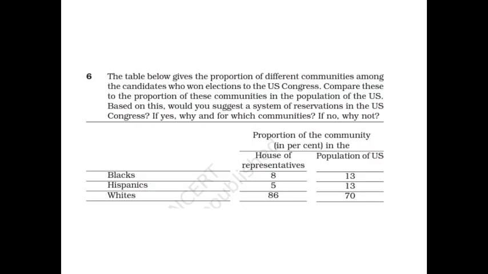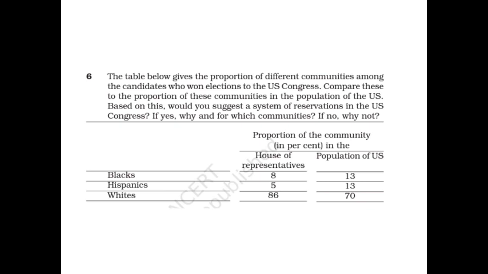Then question number 6. The table below gives the proportion of different communities among the candidates who won elections to the US Congress. US Congress here means, no need to understand about the political party. Congress is like what we have in India: the supreme national level government body is identified as Parliament.